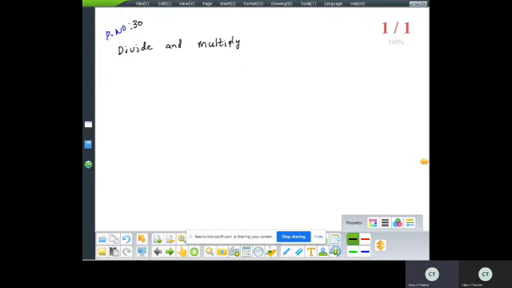The question number A. 4 into 25 equals dash. Now 100 divided by dash equals 25.